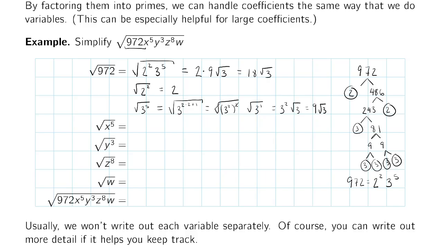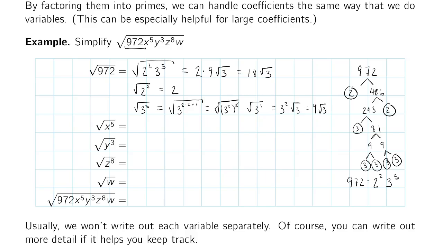So by going into primes, I was able to find out that 18 squared is a factor of 972 without ever having to work out what 18 squared is. When you approach a coefficient like this, it's up to you if you'd rather factor into primes or if you'd rather make a table of perfect powers and go through those on your calculator. Whichever you think is easier.